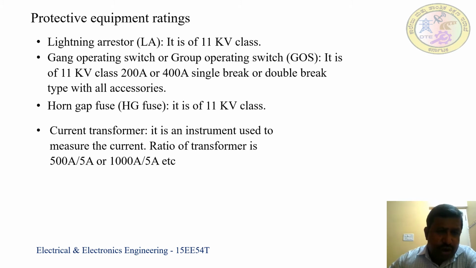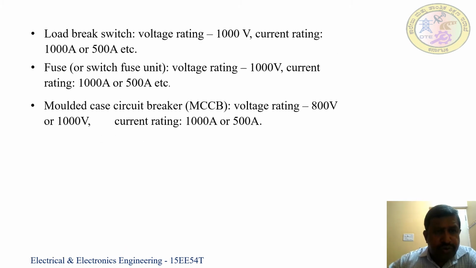Next, horn gap fuse or in short form HG fuse. It is of 11 kV class. Next, the current transformer. It is an instrument used to measure the current. The ratio of current transformer is 500 to 5 amps or 1000 to 5 amps, etc. Next one is load break switch.